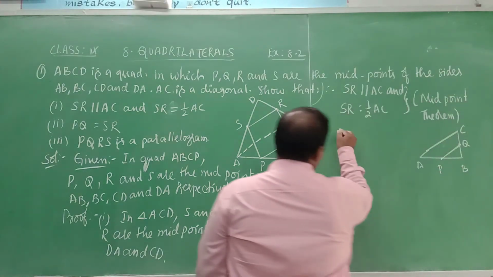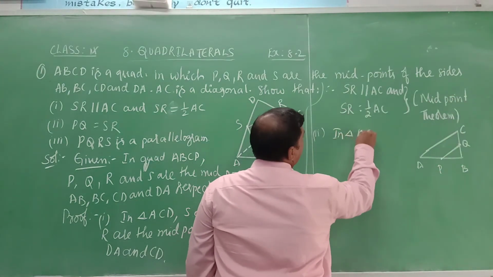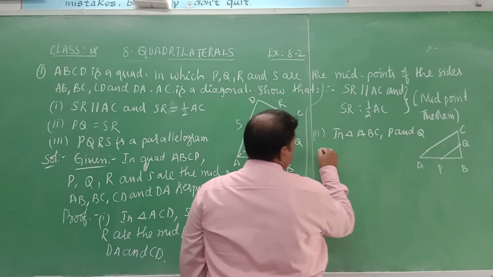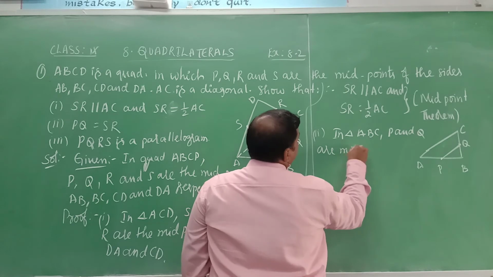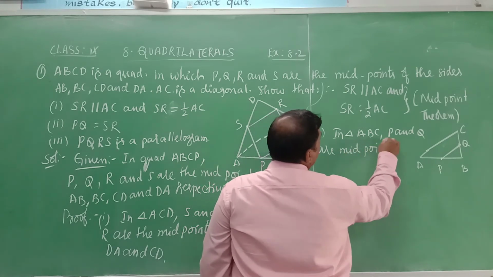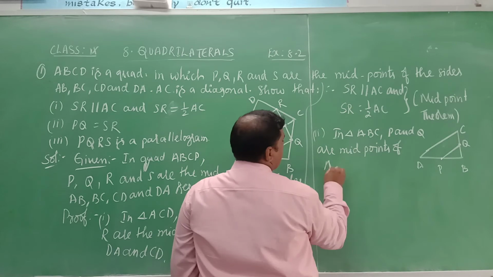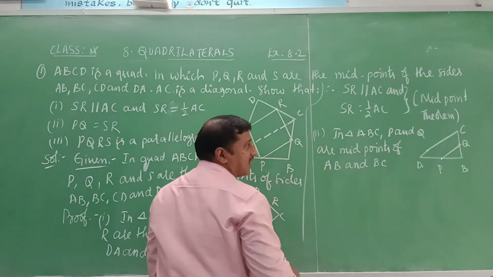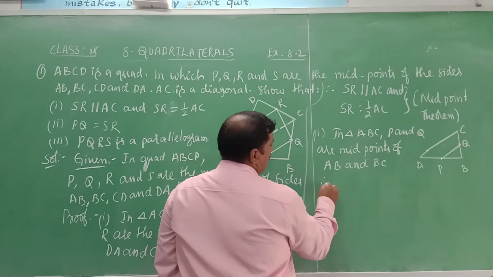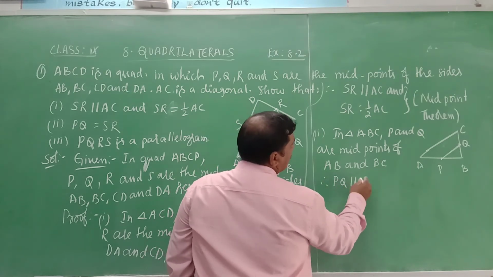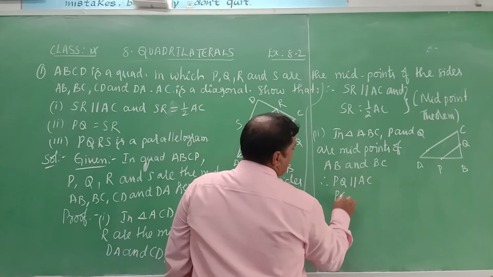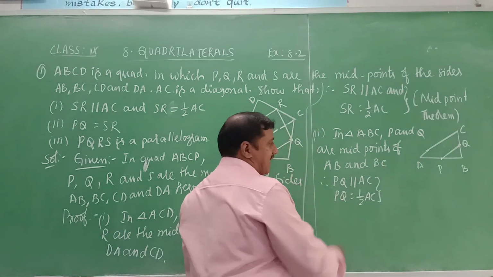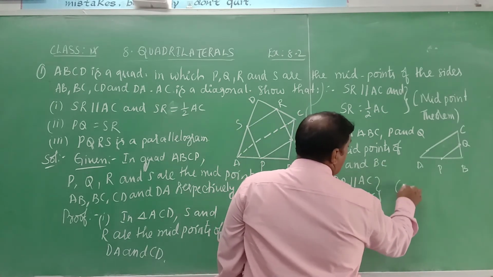So in triangle ABC, P and Q are midpoints of AB and BC respectively. Therefore PQ is parallel to AC and PQ is equal to half of AC. How can we say that?